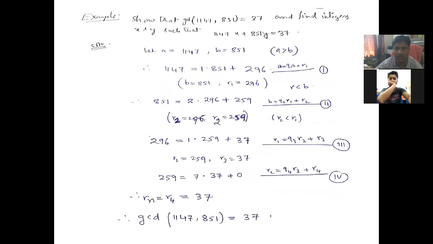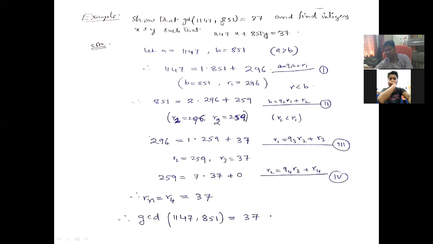This is an example: find the GCD of these two numbers, 1147 and 851, which equals 37, and find integers x and y such that 1147x plus 851y equals 37. We will use Euclid's algorithm. We have two numbers, 1147 and 851.